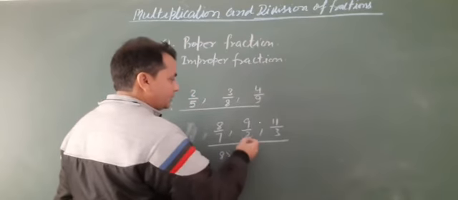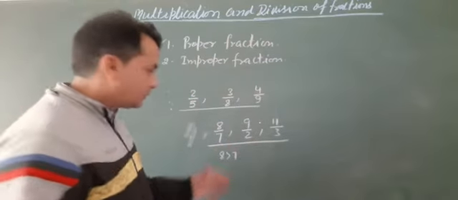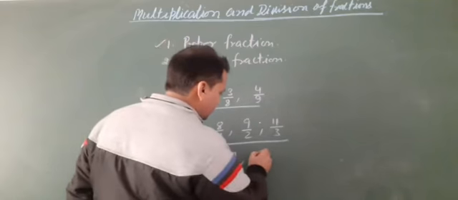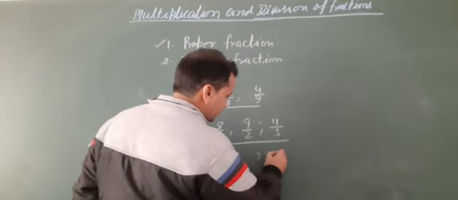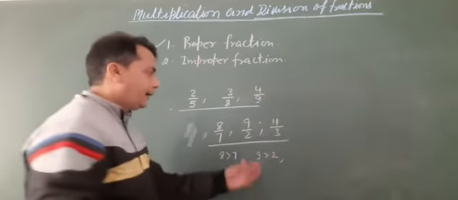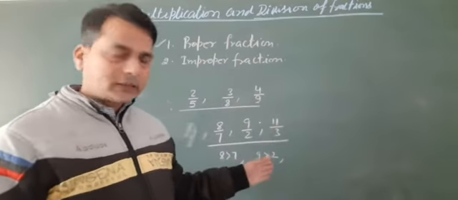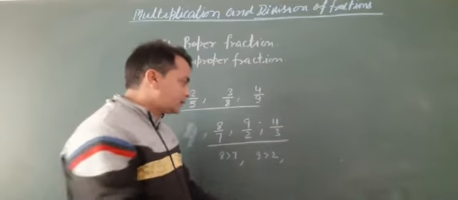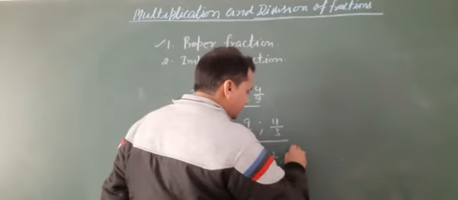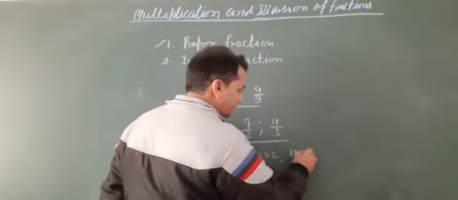The numerator is 9 and the denominator is 2, then 9 is greater than 2. And the next fraction is 11 by 3, where the numerator is 11 and the denominator is 3.